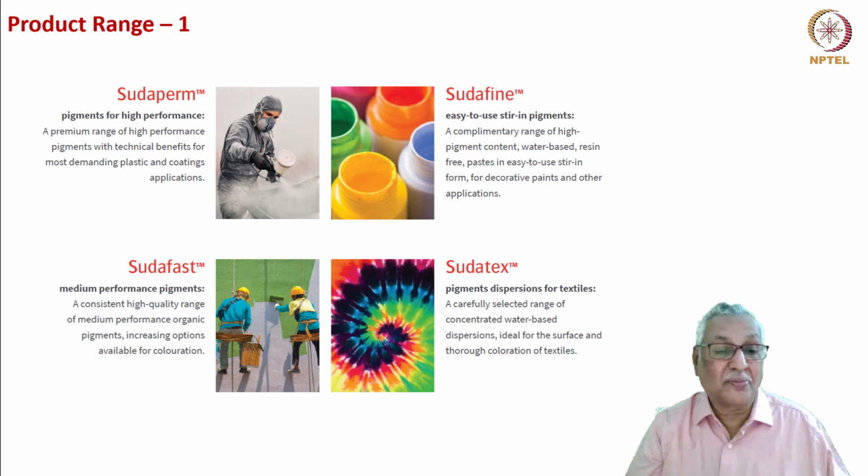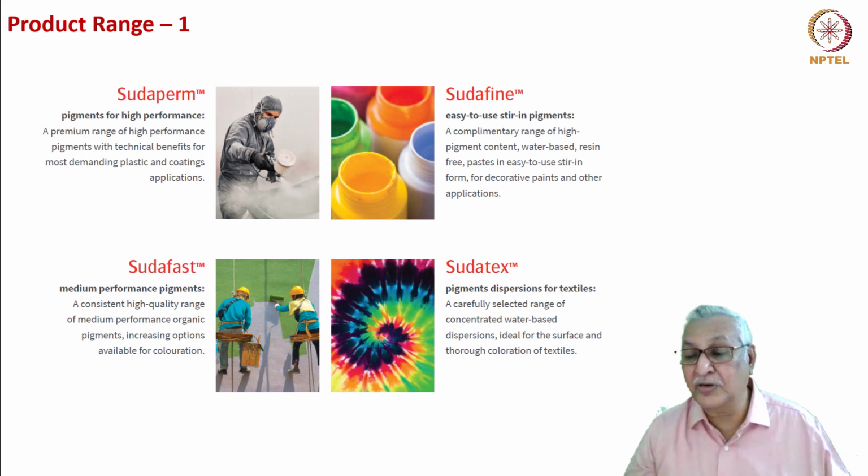Sudafast comprises medium performance pigments, a consistently high quality range of medium performance organic pigments, increasing options available for coloration. Sudatex are pigment dispersions for textiles, a carefully selected range of concentrated water-based dispersions ideal for the surface and thorough coloration of textiles. Some are therefore for conventional painting applications, some are there for textile applications.